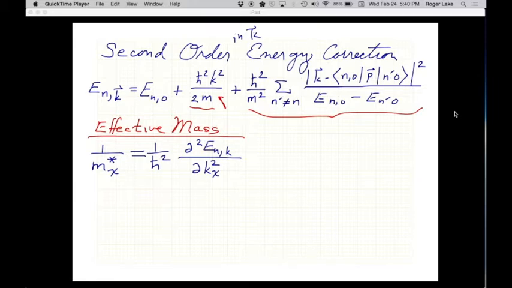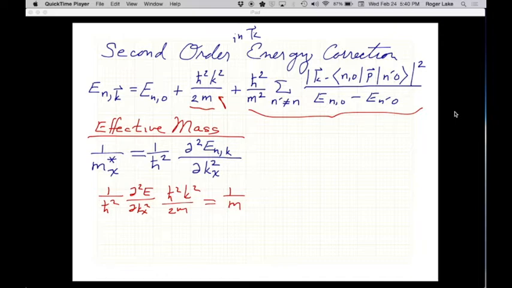So if I do 1 over h bar squared, d squared dk x squared of h bar squared k squared over 2m, I'm just going to get 1 over m. Because k squared is equal to kx squared plus ky squared plus kz squared, so it only hits the kx squared term.